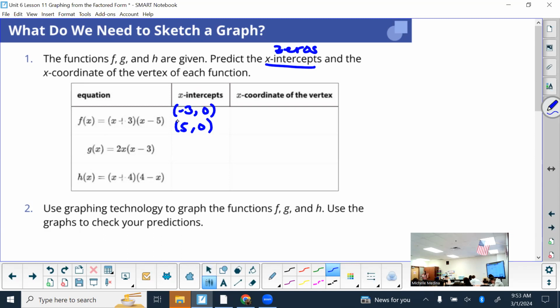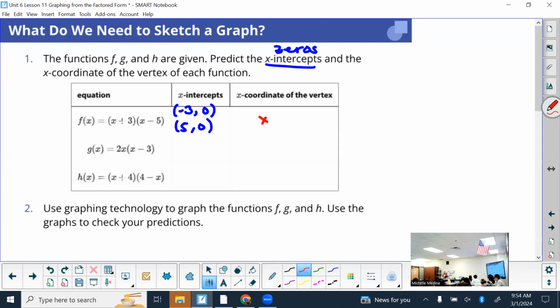Now, this next part's a prediction. I kind of expect you to have it within a certain range of numbers. But we'll see. Table 5, what would you predict based on these x-intercepts?